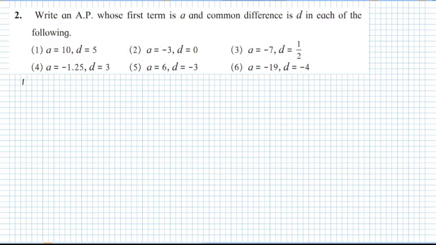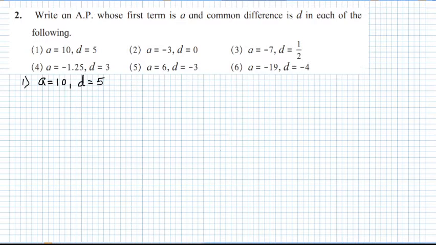Okay, so what is given there? Okay, so what is given? A is 10 and D is 5.